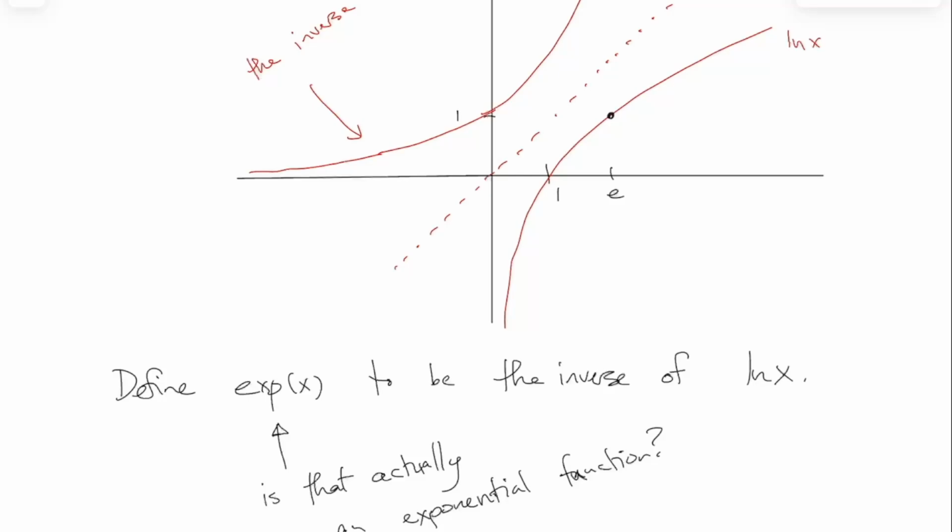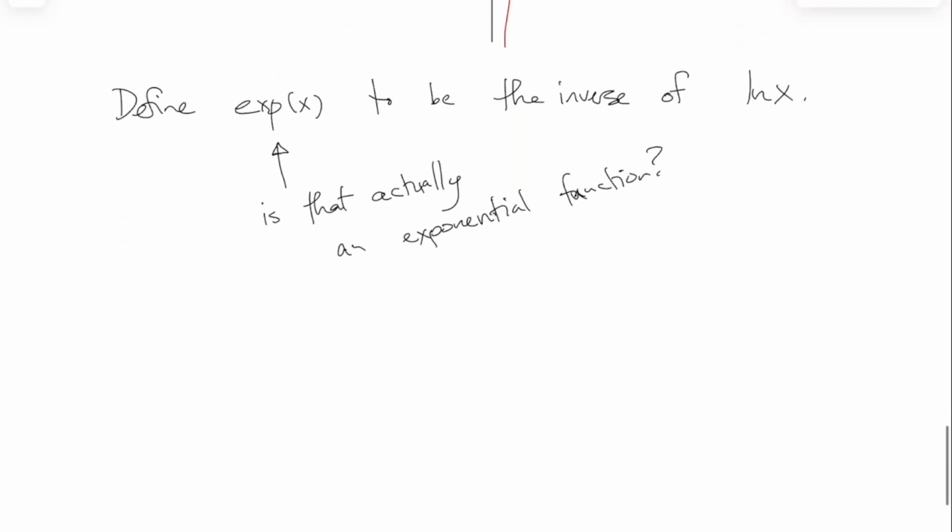That doesn't necessarily mean that this graph represents some number e to the power x, right? There's no reason to think that this would be some power of some number. So this is the very immediate basic question: is that actually an exponential function? But it turns out we can work this out.